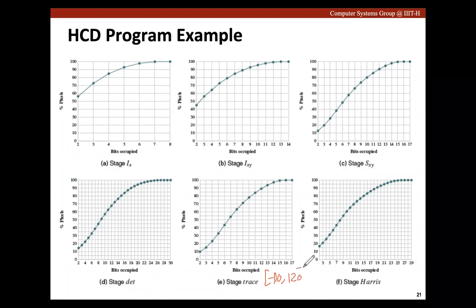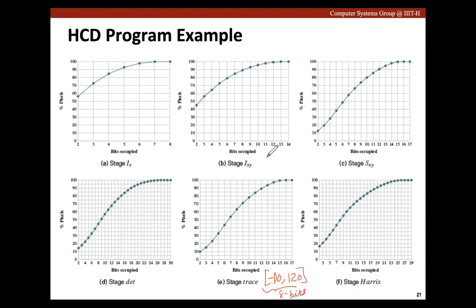If all the values, or 99.999% of the values produced in the trace stage, fall in this range, then we can be confident that we can use 8 bits. If you look at this range, upper minus lower, it is 230 or so, so we can represent all the values in this range using 8 bits.